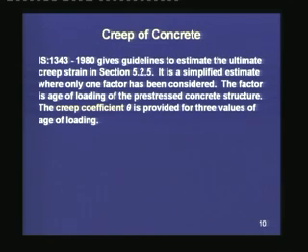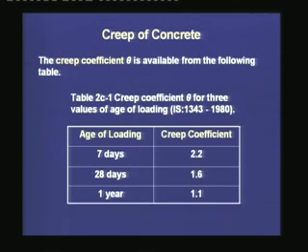The creep coefficient theta is provided for 3 values of the age of loading. That means the estimate that the code gives us is a simplified estimate where the ultimate creep strain is a function of only one variable, and that variable is the age of loading.